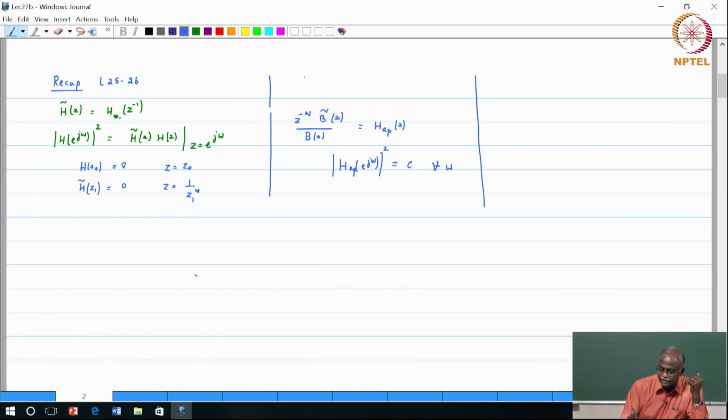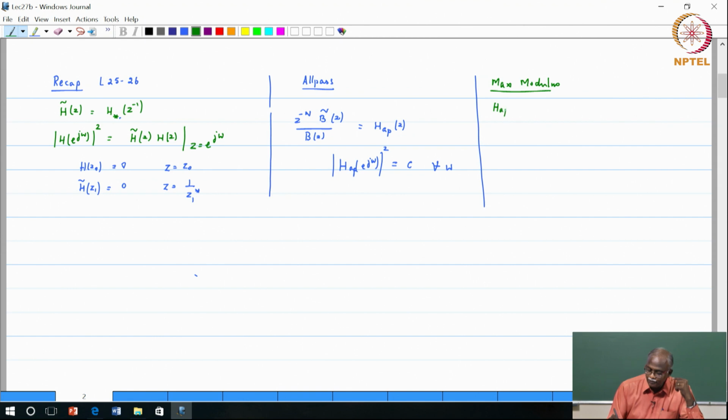So, this is the structure of all pass functions, and the maximum modulus theorem also plays a role whenever we work with them.